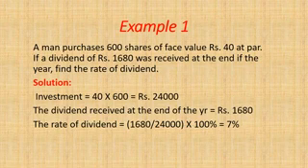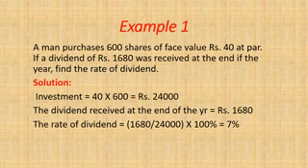Example number 1. It is given that a man purchases 600 shares of face value rupees 40 at par. If a dividend of rupees 1680 was received at the end of the year, find the rate of dividend. According to the solution, the total value of all the shares, that is the investment, is equal to 40 multiplied by 600, that is equal to 24,000.